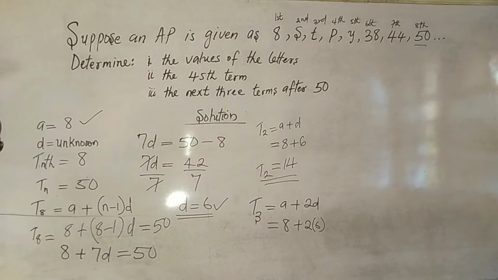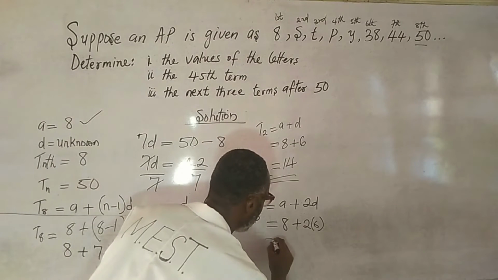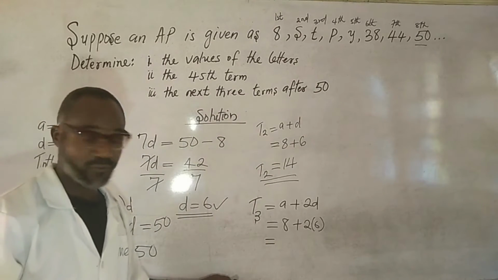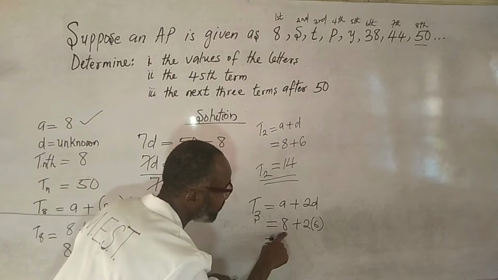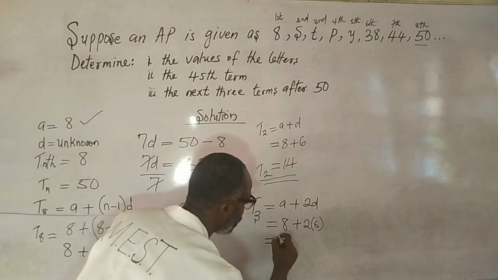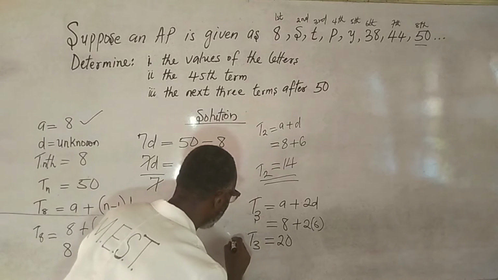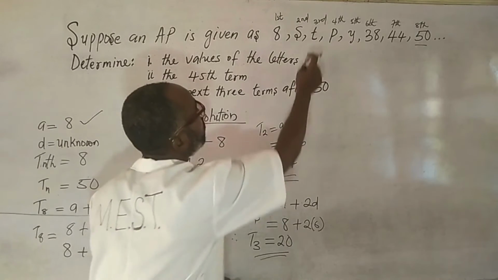Let's look at it very well, so that we don't forget anything here. And what do we have here? This 2 times 6 is 12. 12 plus 8 is 20. So we have 20 here. Therefore, T3 is 20. We found the third term.